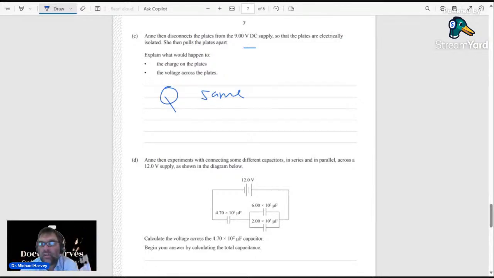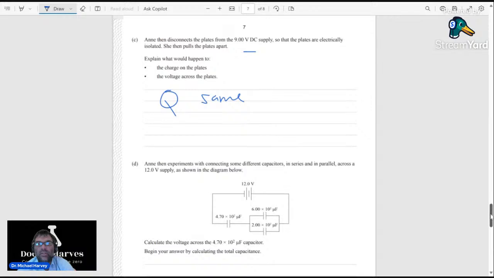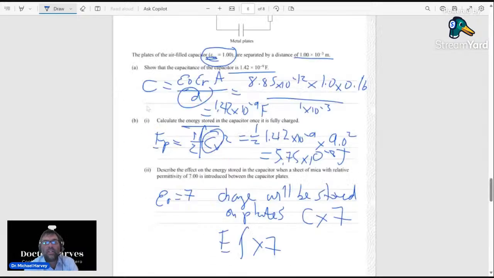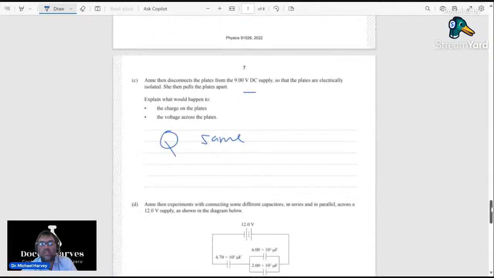But if you look at this, the capacitance relies on the distance. Obviously, that distance is greatly increased, and Anne's gone mental and pulled the plates apart. So therefore, because D's increased, then the capacitance also increases.